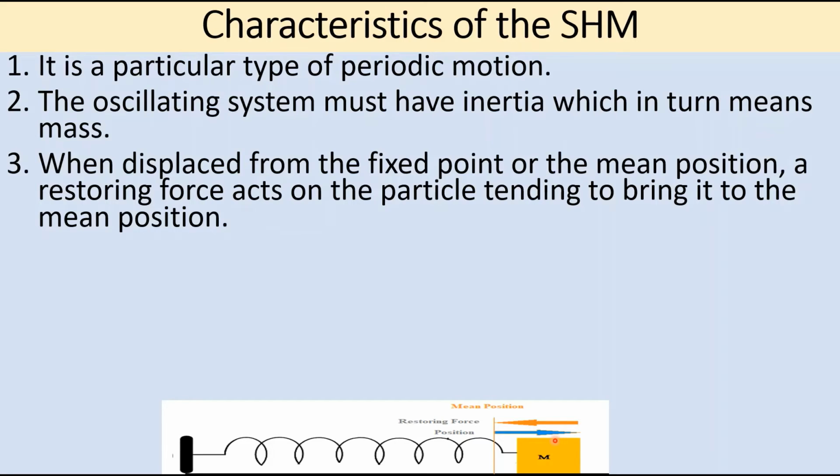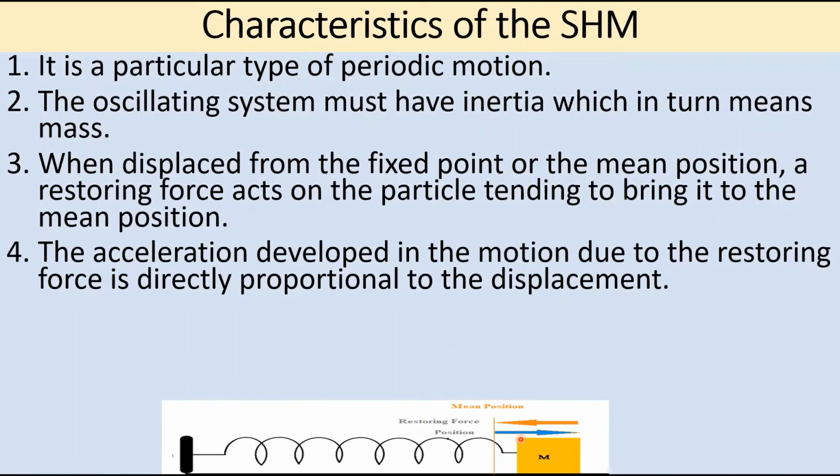Suppose you pull this mass from the mean position, there is a restoring force acting on the mass which tries to bring it towards the fixed position. So this restoring force should act on the mass.